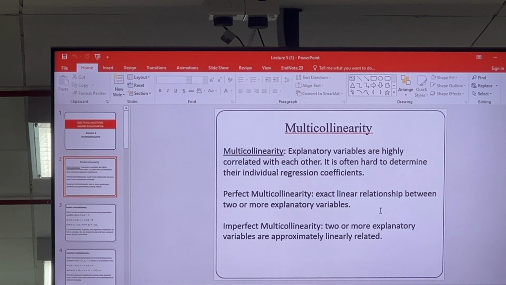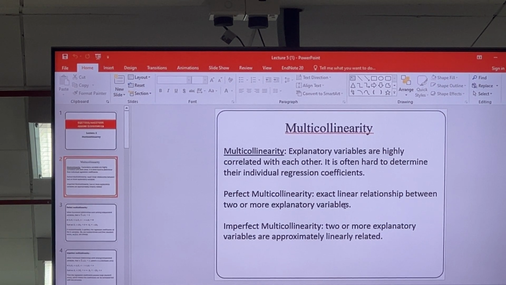So we have again two types of collinearity. For perfect multi-collinearity, we have an exact relationship, meaning that one column of the X matrix is exactly equal to a multiple of another column.